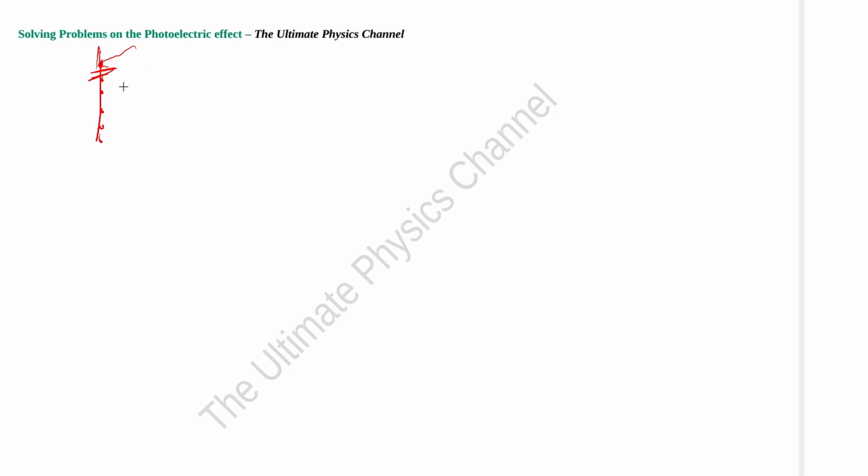So we can consider the typical radius of the atom, let's say in this case, to be about 1 angstrom, that is 10 power minus 10 meters. And how much total energy is falling on this particular atomic surface, we have to see, right?